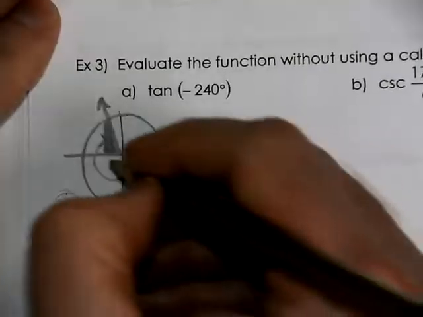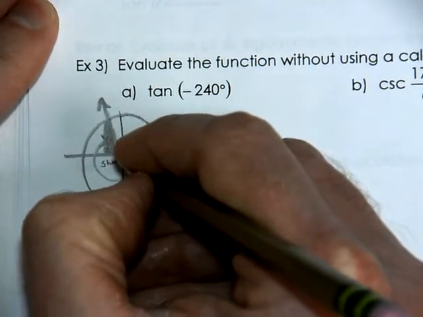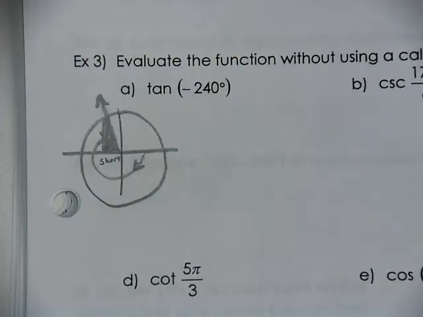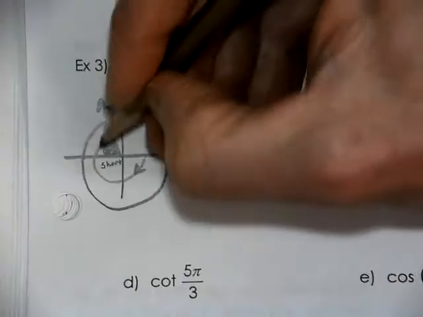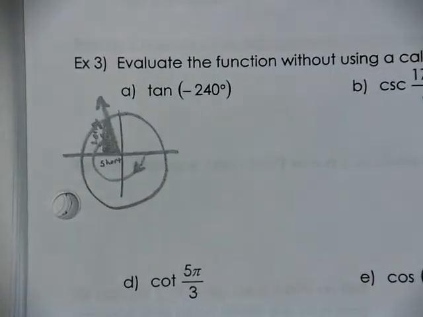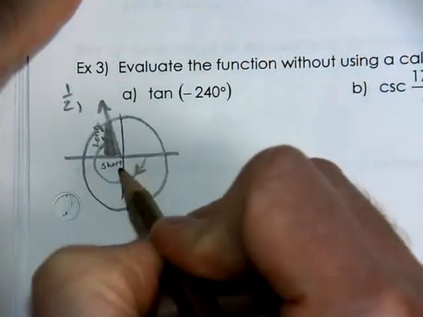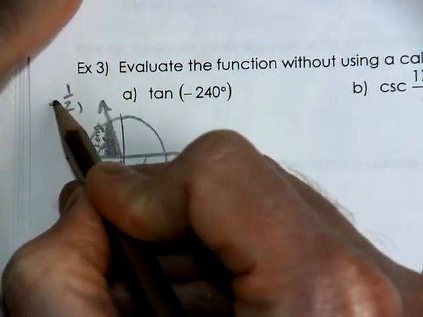So notice that this right triangle has a short side and it has a long side, long leg. The short leg tells us that it's going to be a half, and because it's to the left, it's going to be negative.